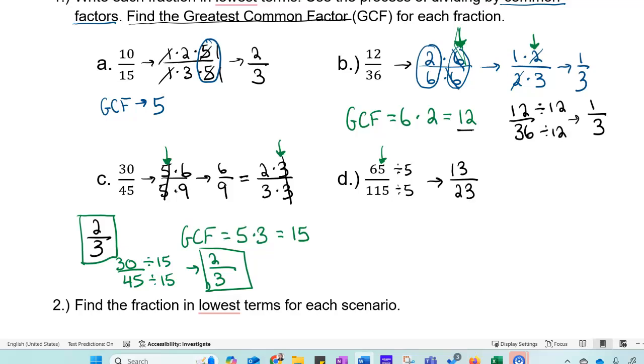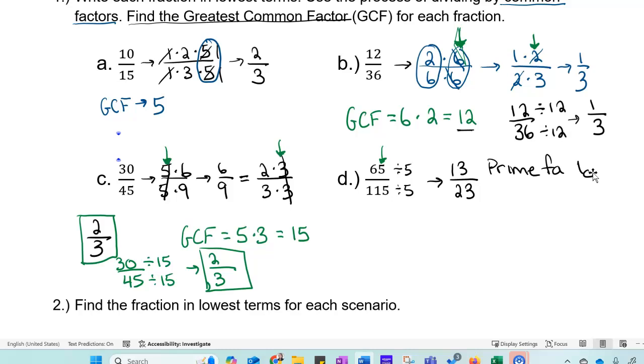Now, if you were to try to find factor pairs for those, the only ones that exist are 1 times 13 and 1 times 23. These are prime numbers or prime factors.